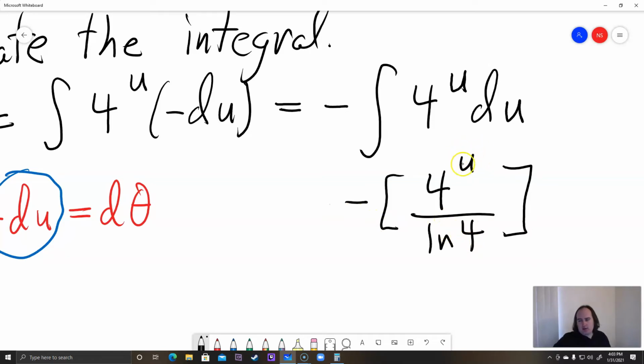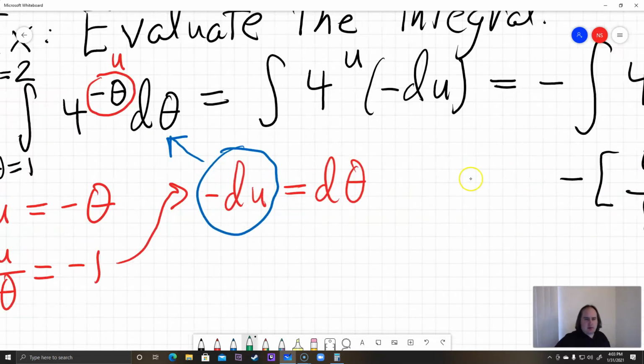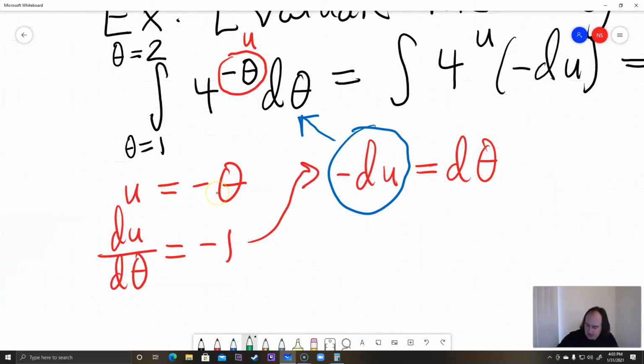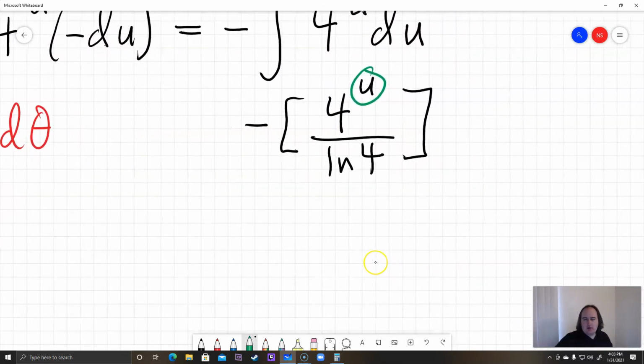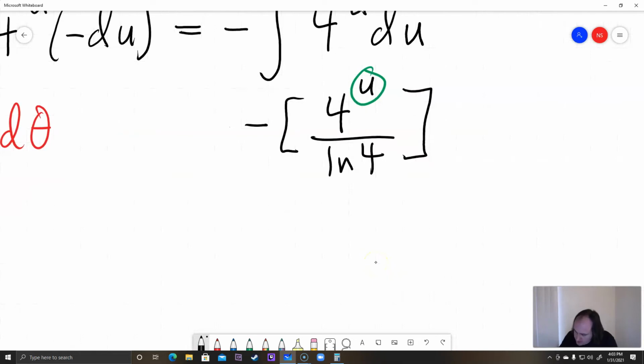And now we can go ahead and replace this u with the original expression in terms of theta. So remember, we said way back here that u equals negative theta. Okay, so we're going to plug that in. And then we have a minus out front. And remember that ln of 4 is a constant, so we can actually factor the ln of 4 out front.